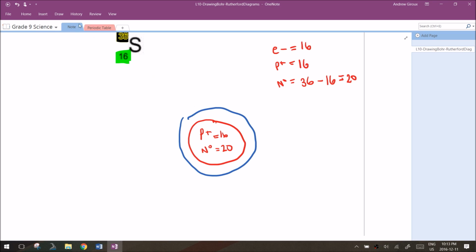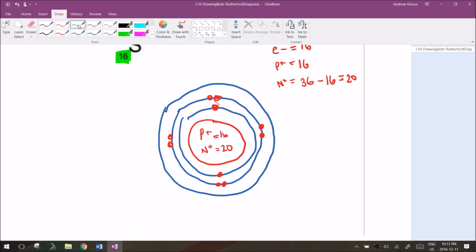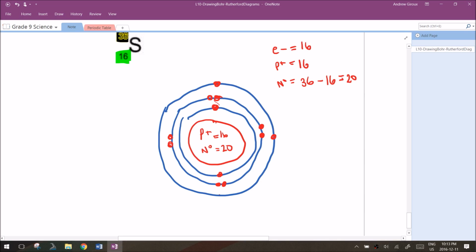Start placing my electrons. The first shell will have 2. Next shell will have up to 8. So there's a total of 10, so we need to keep going. There's 11, 12, 13, 14, 15, and 16. So there's the isotope of sulfur that we're talking about. And that's it for Bohr-Rutherford diagrams.